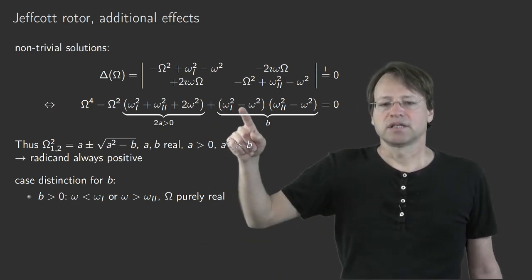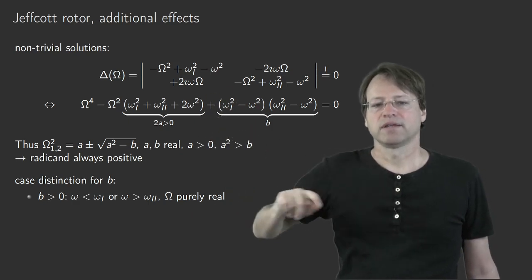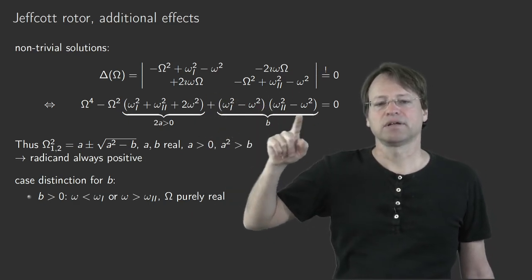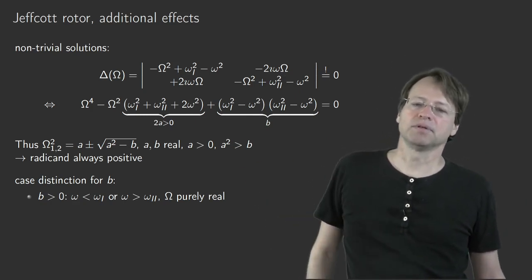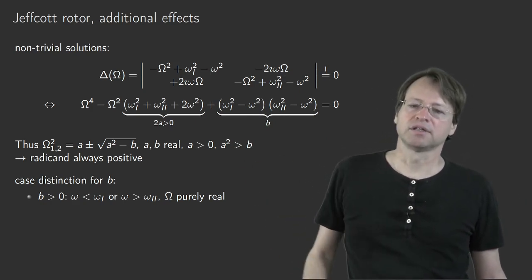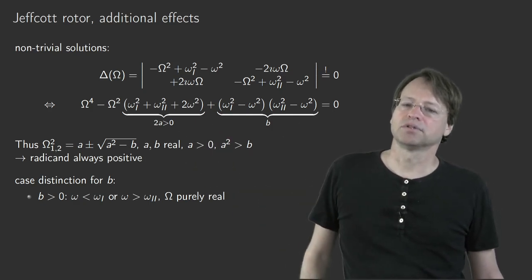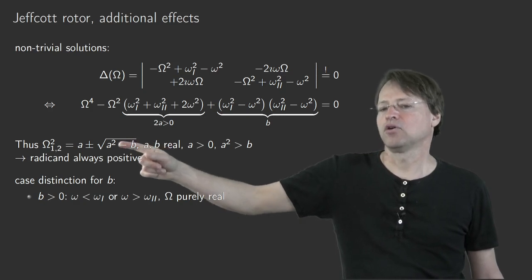Then this sign is positive of this term. The first bracket, the second bracket, we also have a positive sign. So b happens to be positive. Everything is nice. Two real positive solutions for omega squared here.